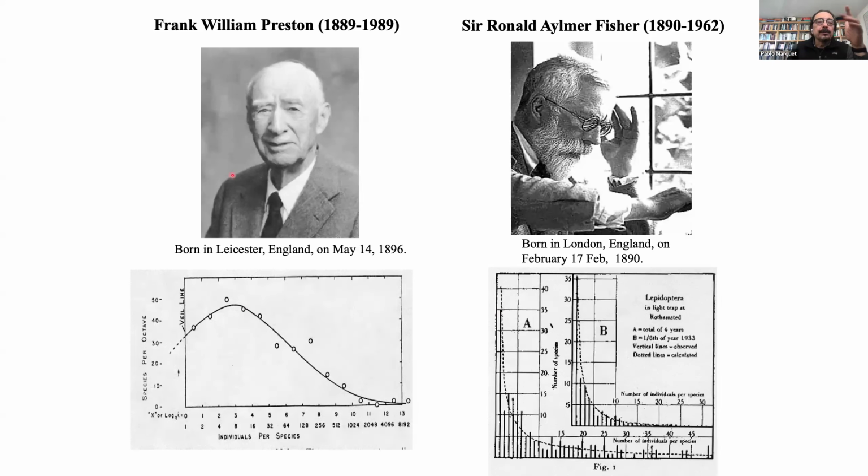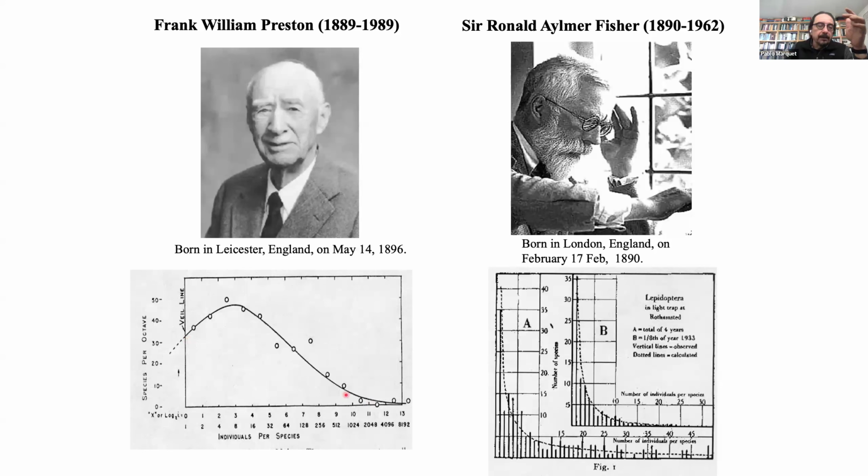The other guy was also British, but living in the United States. It was Frank William Preston. Preston was well known because he said that the abundance of species was affected by so many variables that if you invoke the central limit theorem, you will eventually get a normal distribution.